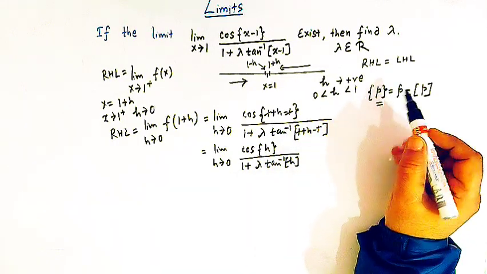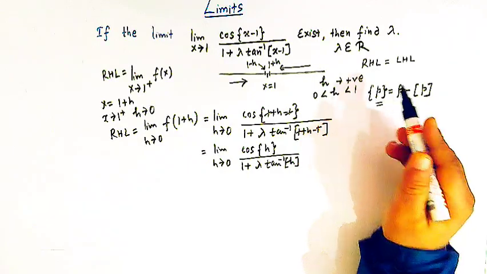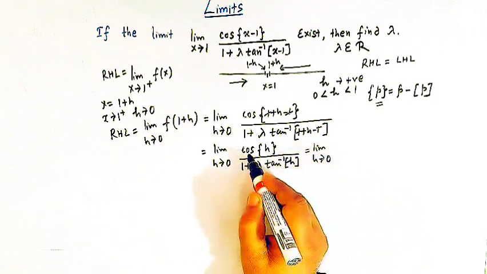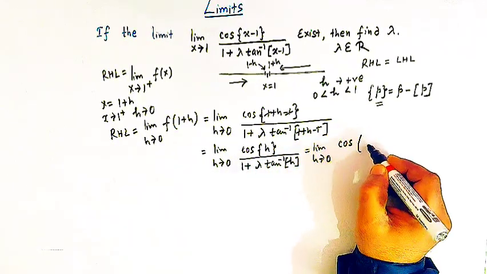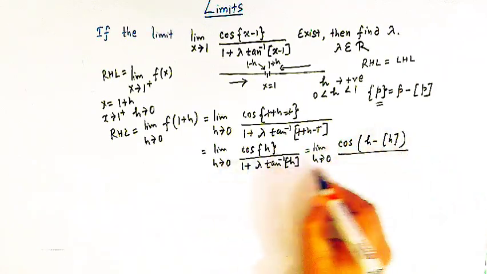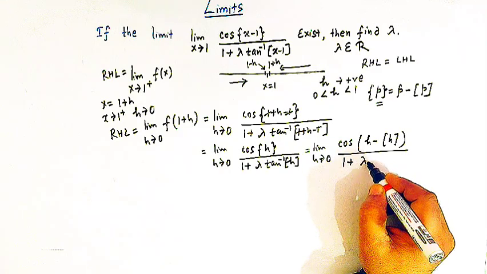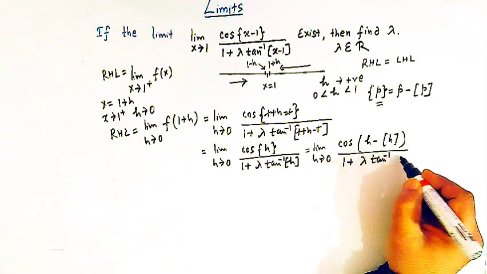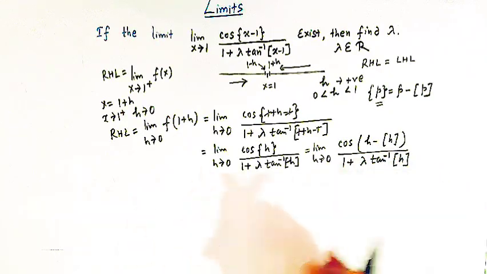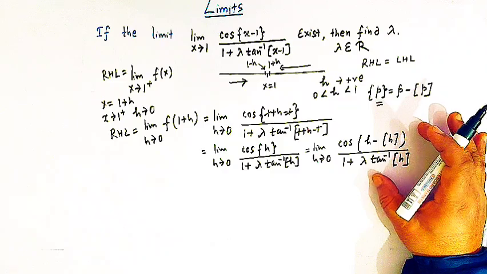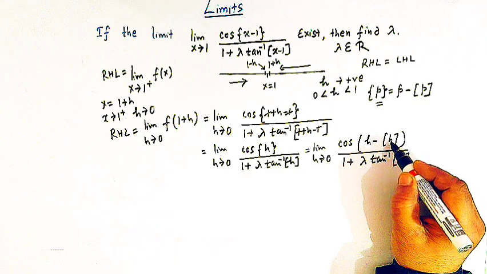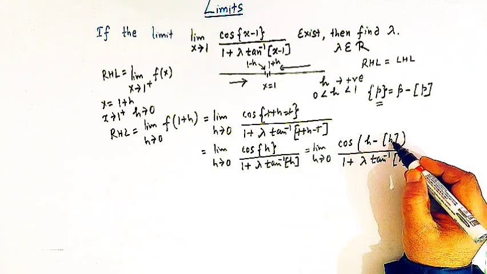Now, utilizing the definition of the fractional part function, we can write limit h tends to 0 of cos of h minus the greatest integer of h, and in the denominator we have 1 plus lambda times tan inverse of the greatest integer of h. Now to evaluate this limit: whenever we come across the greatest integer function, we cannot directly substitute h.